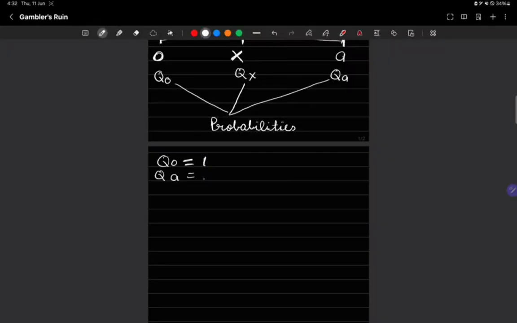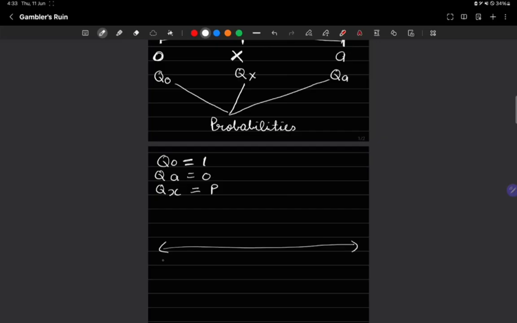Q of A will be 0, and Q of X is the state we start with. This is the X dollars that the gambler has in the beginning, and then the probability of going to X plus 1. Let me draw the number line real quick.